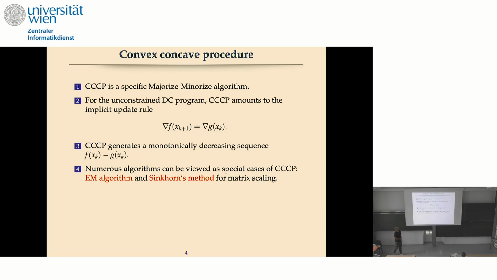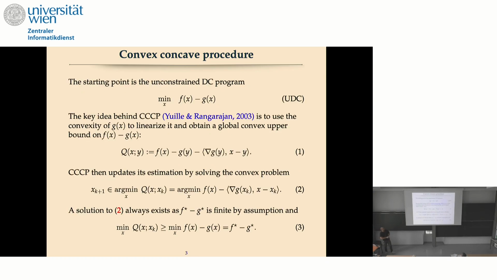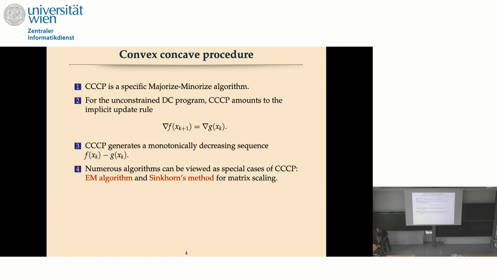Some highlights. CCCP is, as we have seen, a specific majorize-minimize algorithm. That is, the Q surrogate objective works as the majorizer. And for the unconstrained DC program, CCCP amounts to solving this implicit equality problem. You can easily see it from the previous writing here. If you just try to solve this equation 2, if you just take the gradient with respect to x and equate to 0, it amounts to solving this system of equalities.